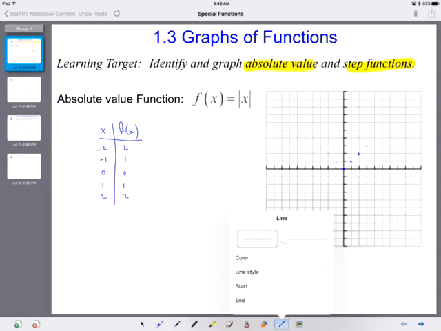And so this will be the parent function for an absolute value. Any other absolute value function beyond this is really just a transformation of that, whether it gets shifted left, right, up, down, reflected, or stretched. They're all going to look like that function specifically.